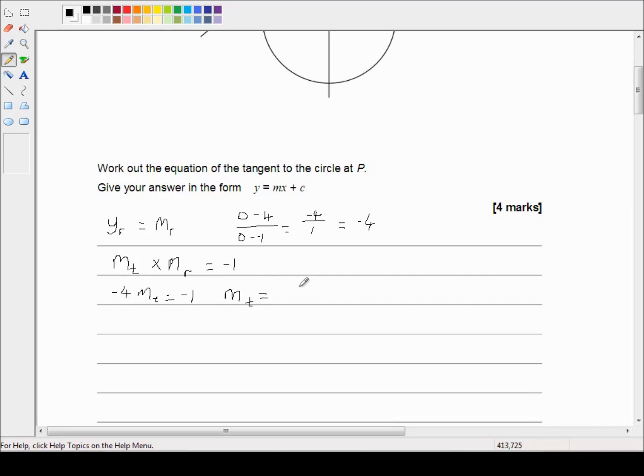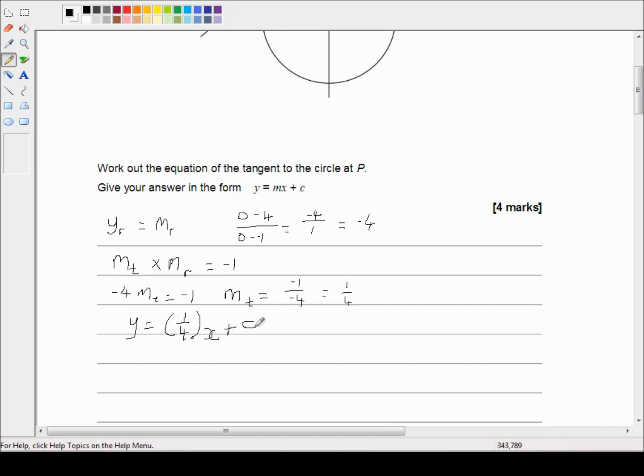So m_t is equal to negative 1 over negative 4. Two negatives cancel out, so that's equal to 1/4. So the slope of our tangent line is 1/4. So our equation goes y equals 1/4 x plus c.